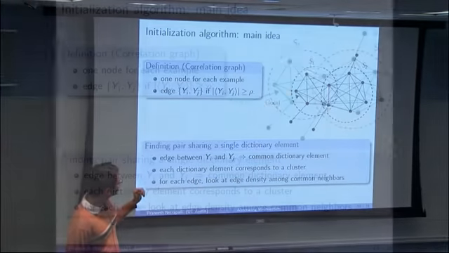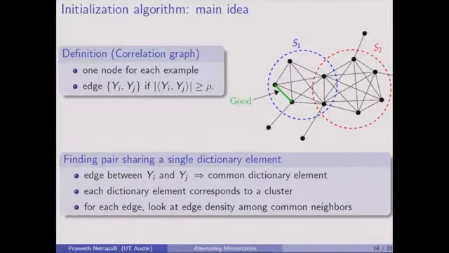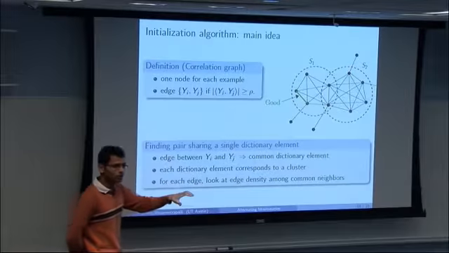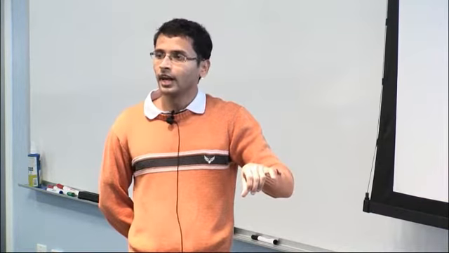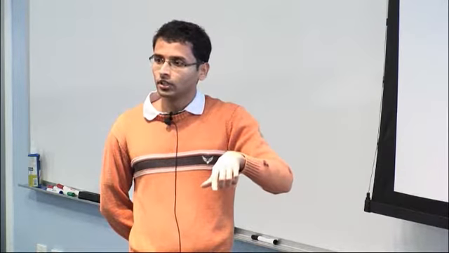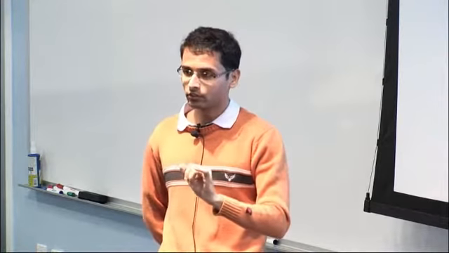Whereas if we pick a good edge, this edge which shares exactly one dictionary element, then all their common neighbors also share the same dictionary element and hence will have edges among themselves. So the edge density among common neighbors there will be close to 1. In this way we can distinguish whether an edge has one intersection or more than one intersection.